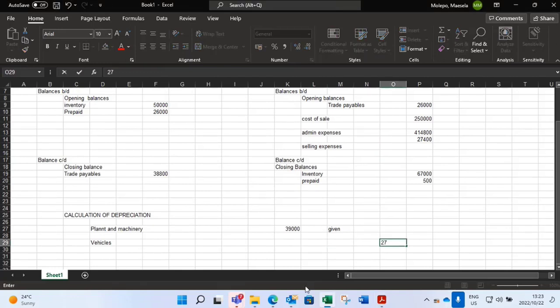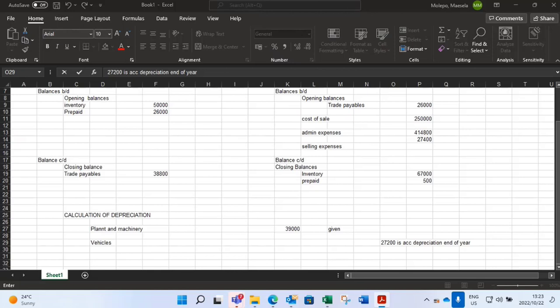So this 27,200 is accumulated depreciation at the end of year, which includes the 7,400 which was written off for the vehicle which was sold. You remember the vehicle which was sold?